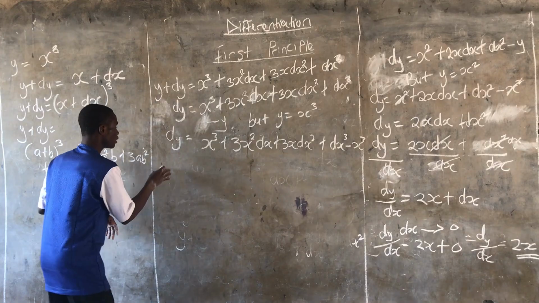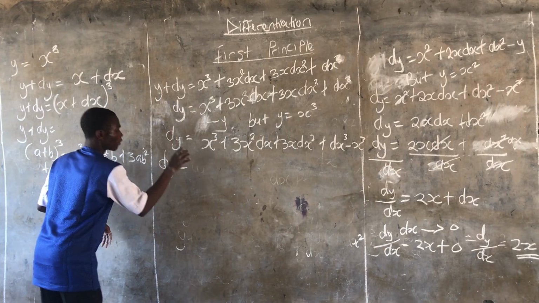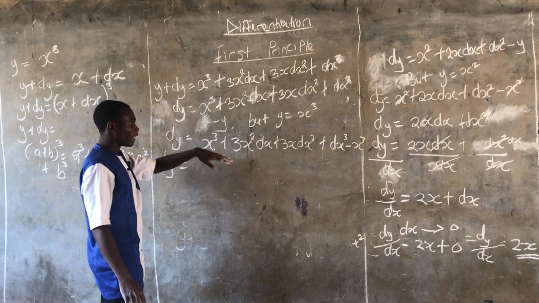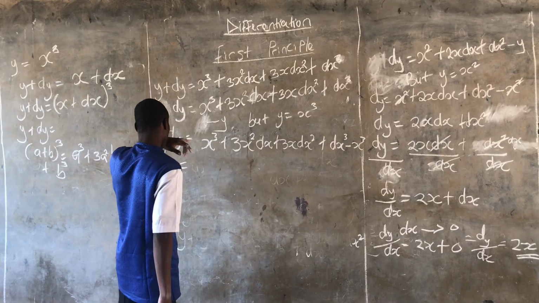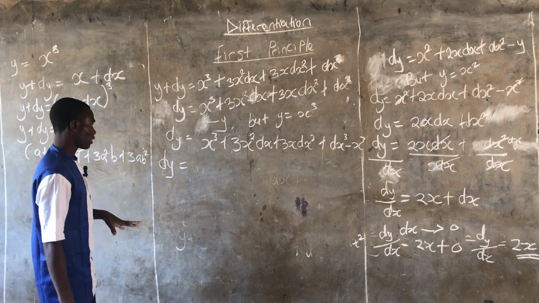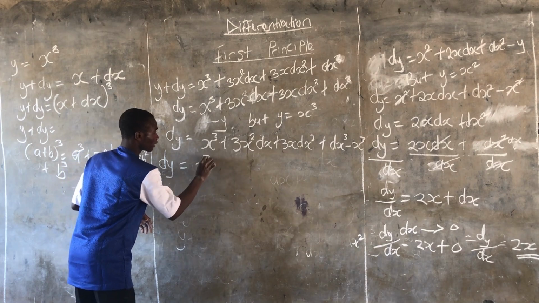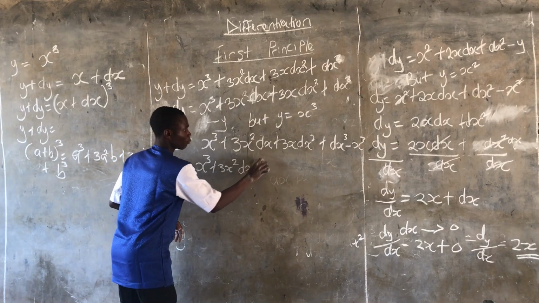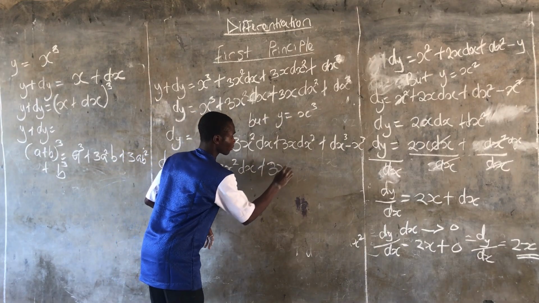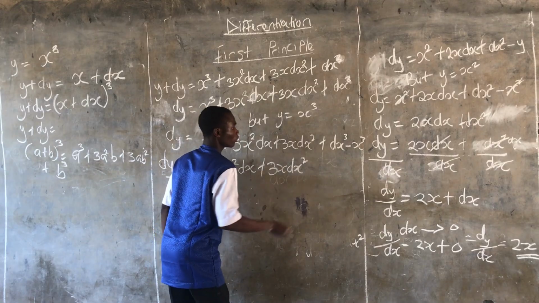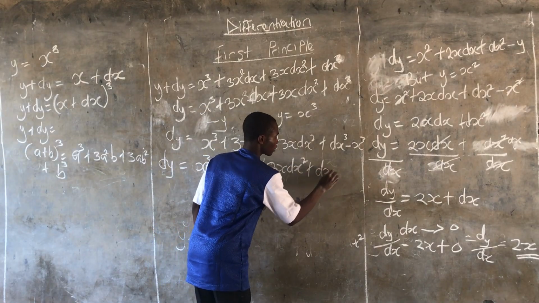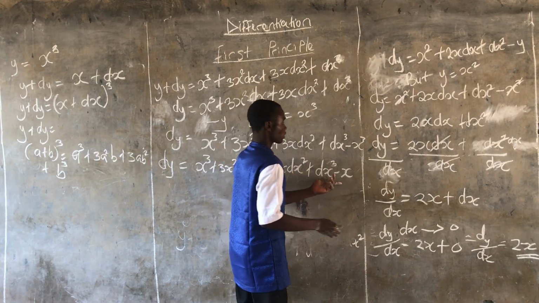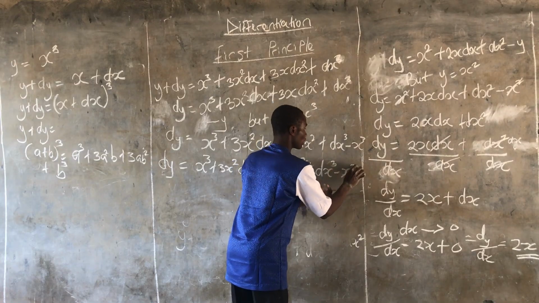So now we have to divide both sides by dx, so our x raised to power 3 plus 3x raised to power 2 dx plus 3x dx raised to power 2 plus dx raised to power 3 minus x raised to power 3.